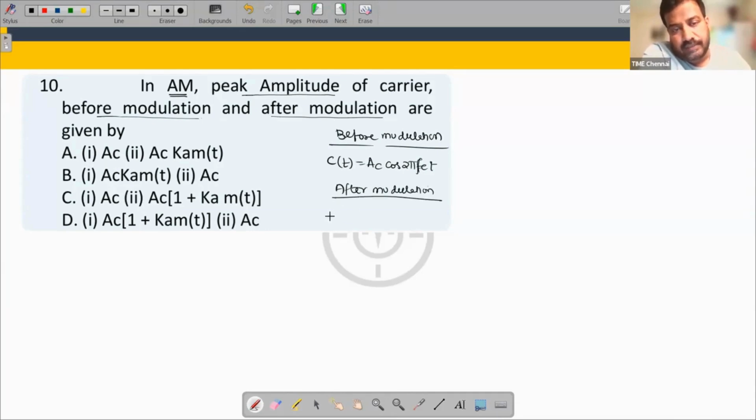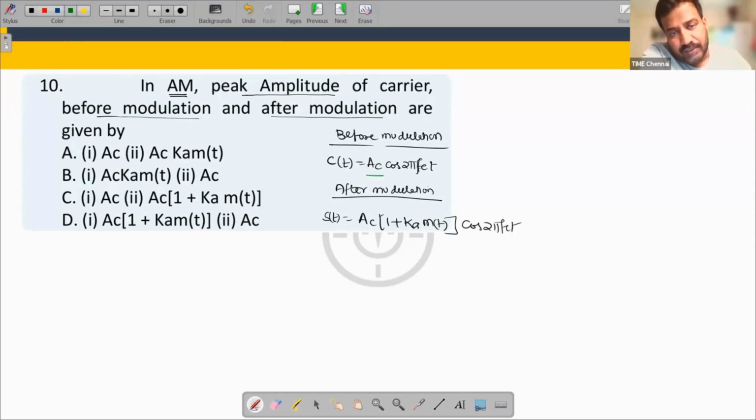And after modulation, the modulated signal is AC into 1 plus Ka m of t of cos 2 pi f ct.